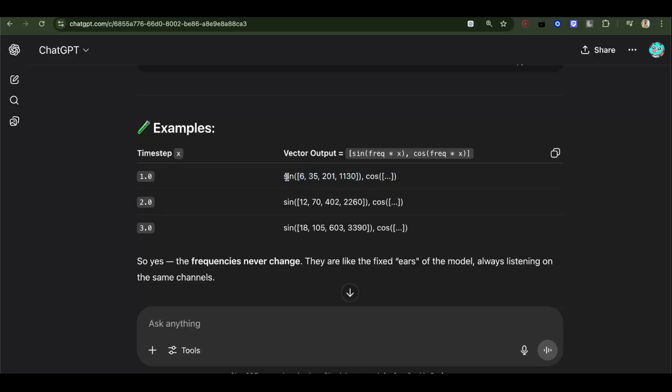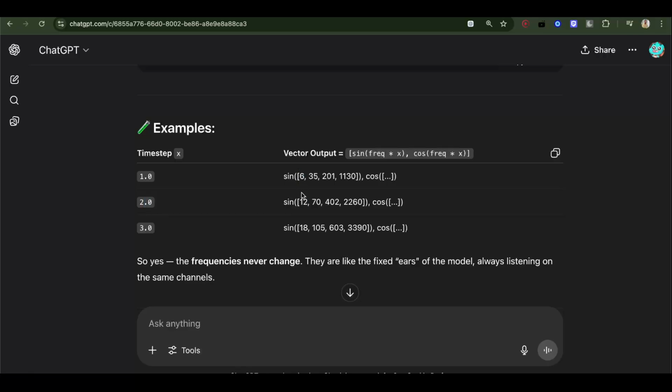They have this constant, it's always the same. They have these numbers here, sine of these numbers and cosine of these same numbers. I don't know if this is an example from ChatGPT or the real example from the code, but it doesn't matter. So this constant, and then depending on the time step, you just multiply each of the numbers with the time step.